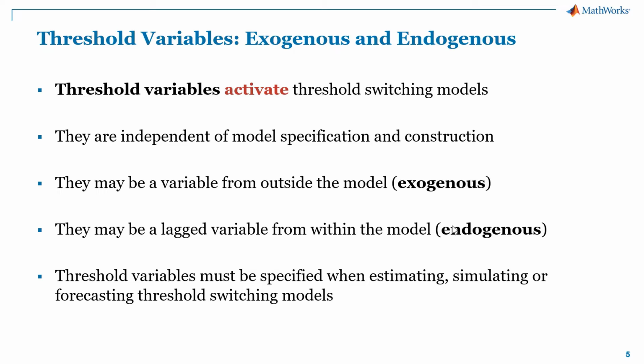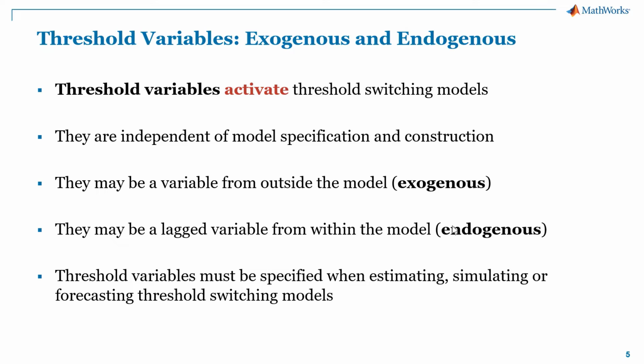So the idea is that you create a threshold transition model with certain specified transition levels, either discrete or continuous, without any mention of what the threshold variable might be. That makes the models very flexible. You can use different threshold variables with the same threshold levels and have them activate the model in different ways. You don't actually need to say what the threshold variable will be when you specify the model.